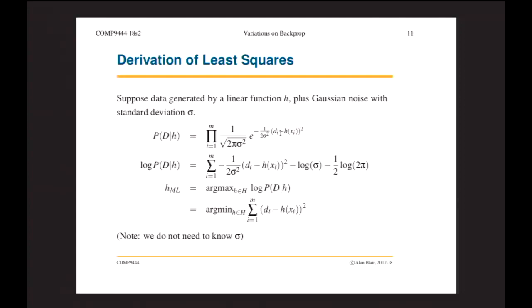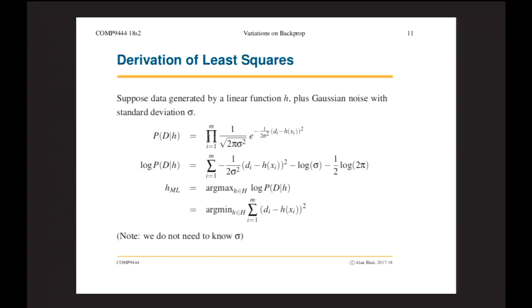D_i is the height of the data. x_i is the coordinate on the horizontal axis. h(x_i) is the corresponding point on the line, and d_i is the actual data point. So d_i minus h(x_i) is the distance from the data point to what the line would have predicted.